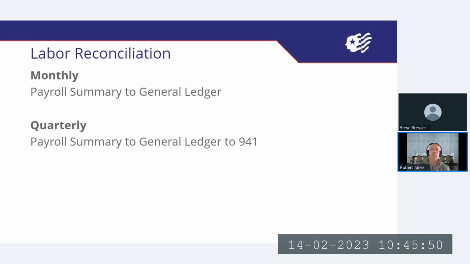And if it does, then I've got one big checkbox of confidence as I go towards my incurred cost proposal. And so then obviously you can see that if you continue this process throughout the year, and you do this for quarters 2, 3, and 4, if everything ties, then when we get to the incurred cost proposal, Schedule H is going to reconcile and we don't have any issues.